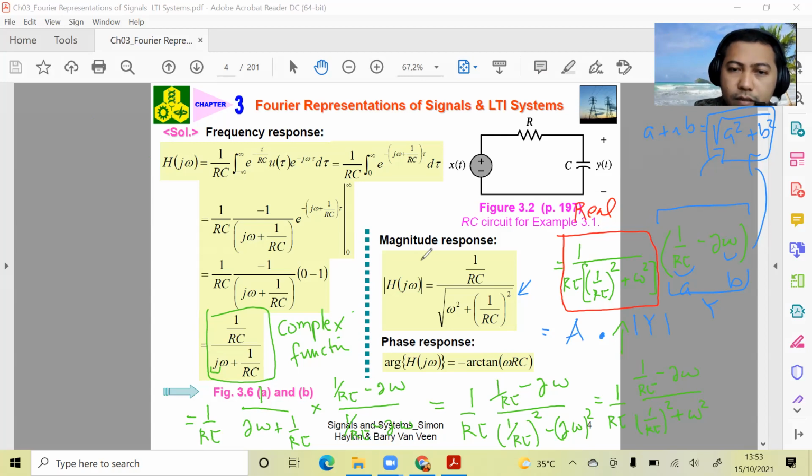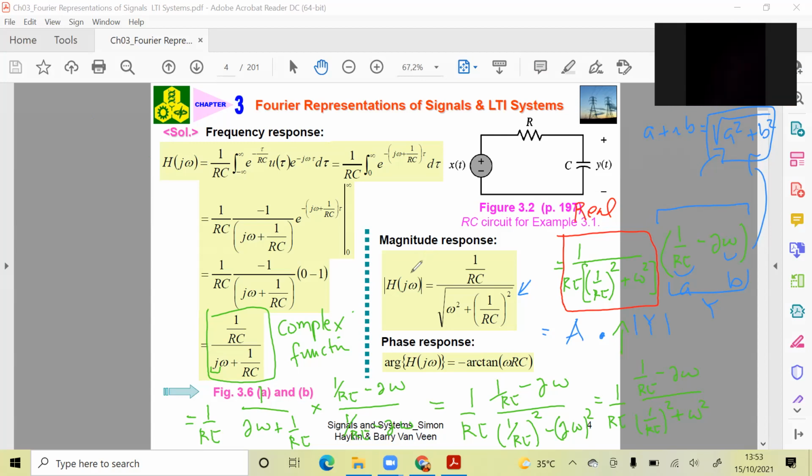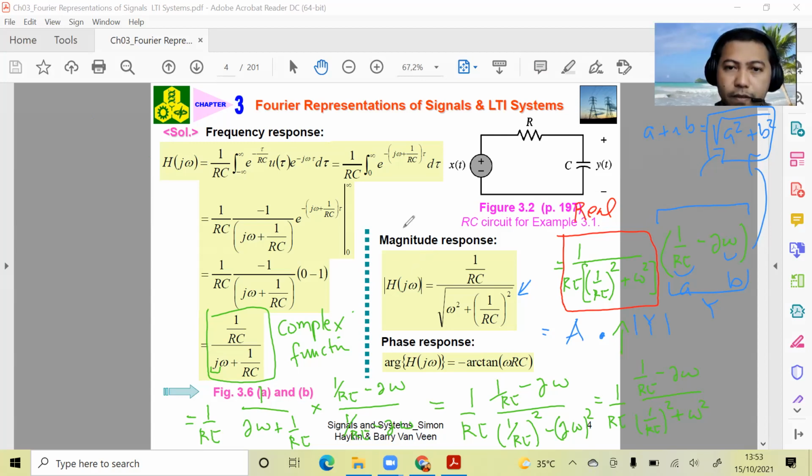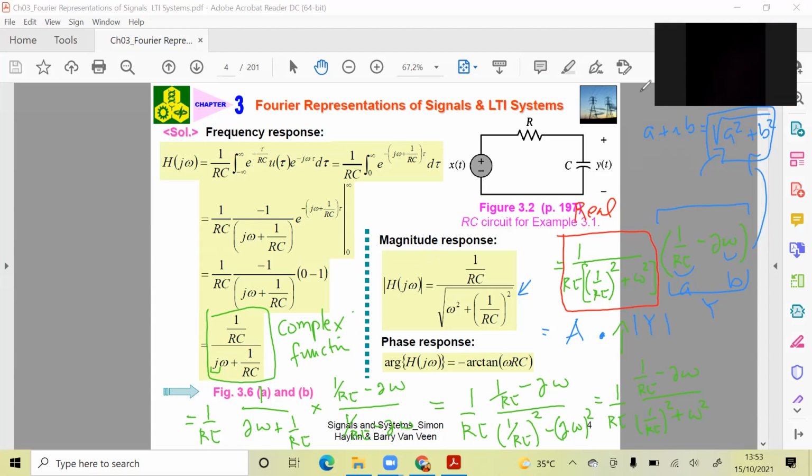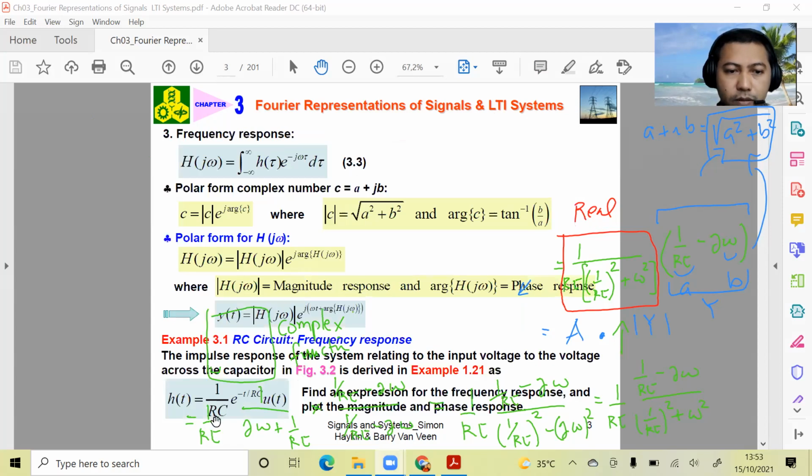What does this represent? It depends on the unit in here. Wait a moment.